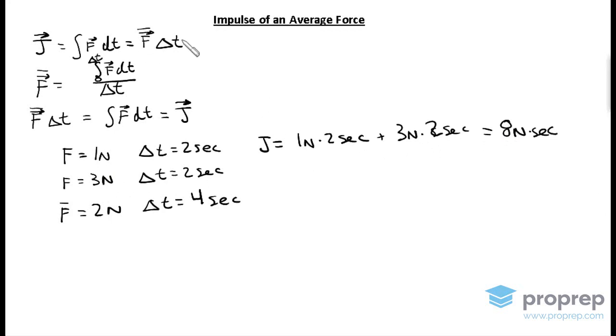Now using our new formula, we can take our F average and say that J equals F average times delta t. And our result here is 2 Newtons times 4 seconds, or 8 Newton-seconds, the exact same result. The takeaway here is that you can now use the average force times delta t instead of having to take an integral, and it can help you in certain situations.